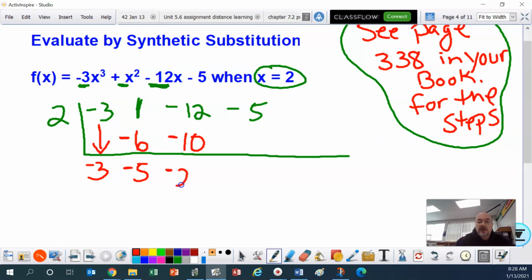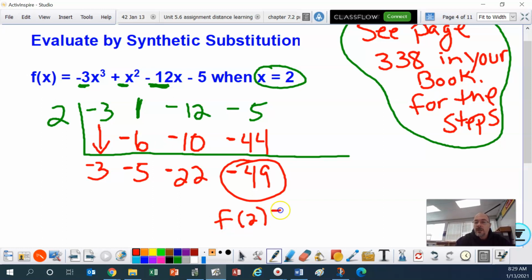So now this is -22. 2 times -22, ladies and gentlemen, is -44. And then I'm going to put those together. And look, oh my gosh, look at what we got. I find out that f of 2 equals -49. Isn't that cool? That is just so cool.